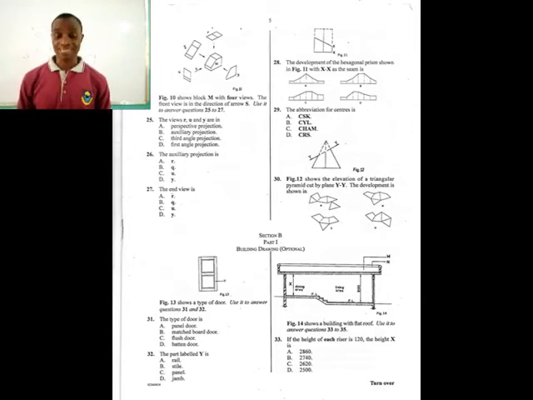The correct answer here is D. The reason is that when you cut this object, you will notice that one of the sides will be shorter than the remaining 2 sides. That is why D is the object where one of the sides is smaller in size because of the way it was cut.